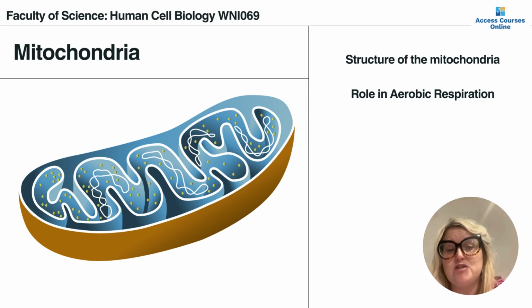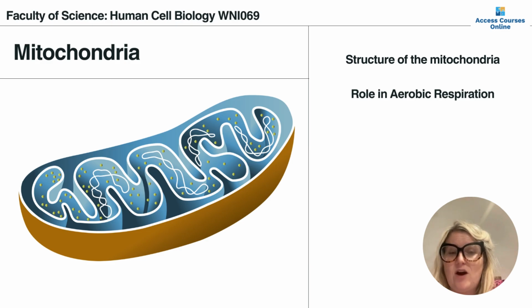Mitochondria have this unique structure, which is key to their role in energy production. They have a double membrane, and the outer membrane is smooth and acts as this protective boundary, while the inner membrane is highly folded, and that's why it looks like a little comb structure. I always think it looks like a little comb anyway.